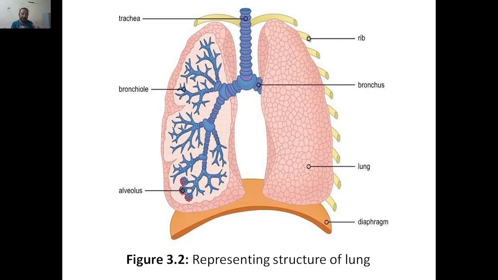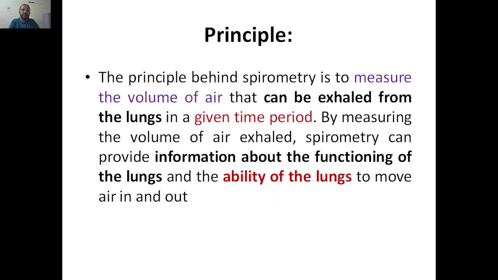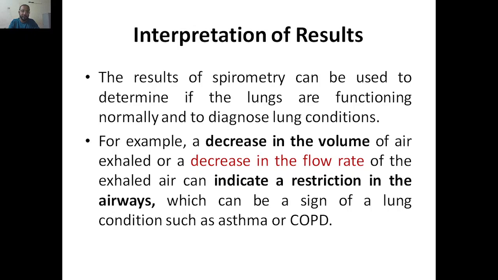If the volume or the flow rate is decreased, that means the trachea or the airways, the respiratory tract, have some kind of obstruction. That's why we call it chronic obstructive pulmonary disease. Or it can be a sign of asthma. And that's how we can interpret the results of spirometry.